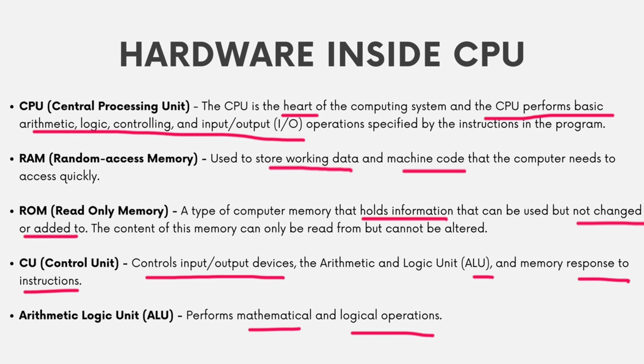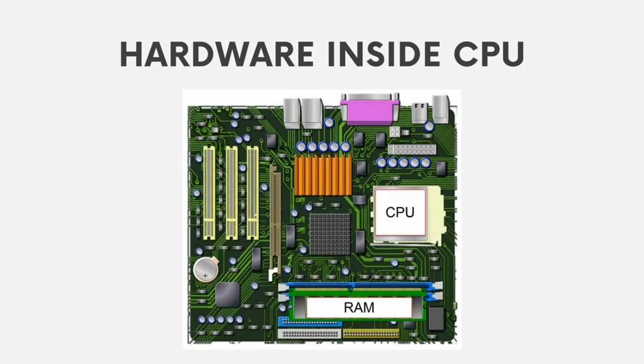It controls the input or output devices, the arithmetic and logic unit (ALU), and memory in response to instructions. Number 5 is the ALU, the part that performs mathematical and logical operations. This is an example of hardware inside the CPU.